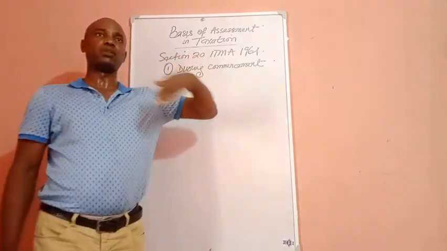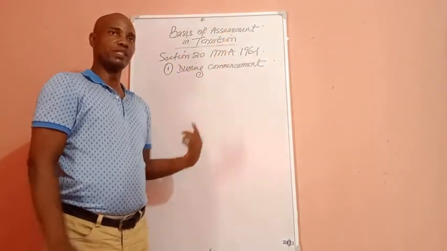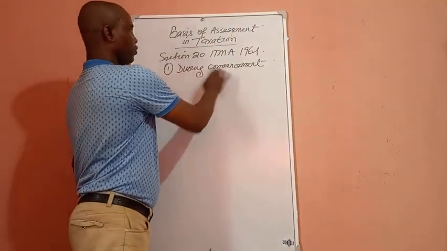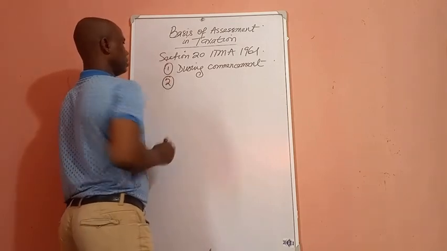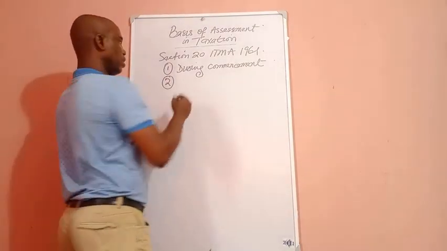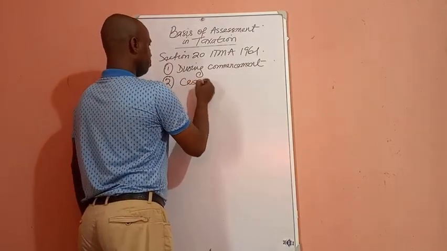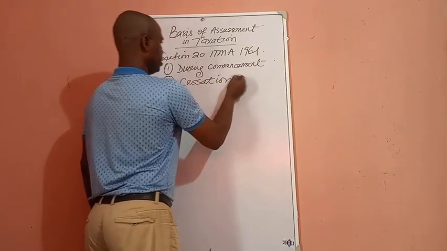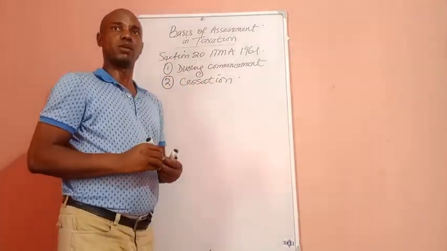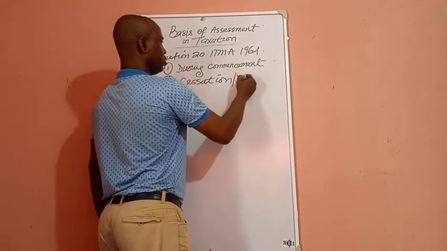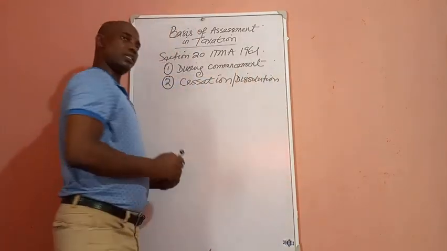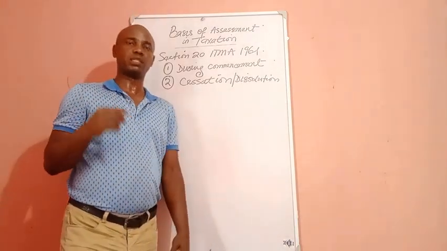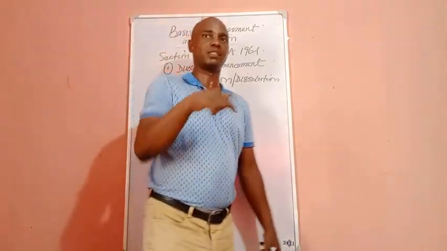It's not the way you tax an old business that you tax a new business. Now, I'm going to give you the rules and regulations under this. Then we'll talk about number two, the tax authority still see business under cessation basis. When the business is trying to cease operation, or which you might call dissolution. They are trying to dissolve. So under this case, the tax authority still have a way to tax the business.